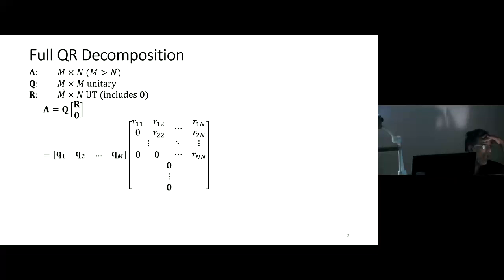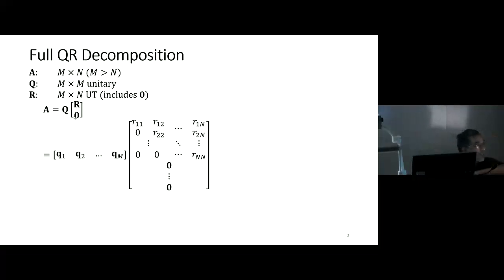Q is an M by M unitary matrix, and you know a unitary matrix is one whose inverse is its transpose. And then R is an M by N upper triangular. It's not really upper triangular. It's like this: this R here is upper triangular, and then I have a bunch of zeros.